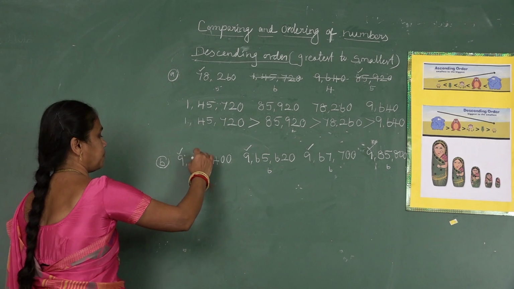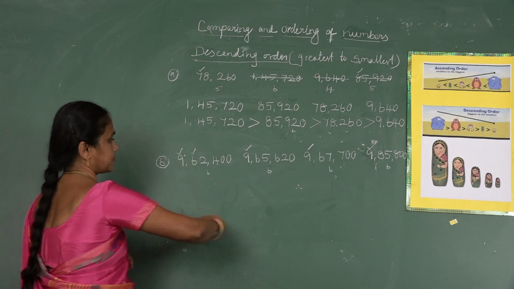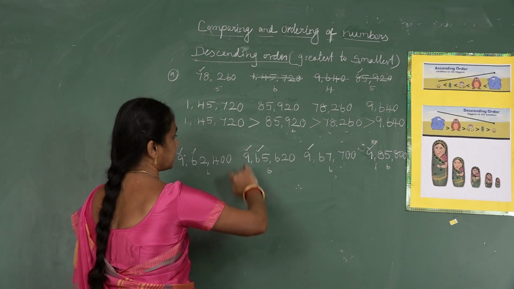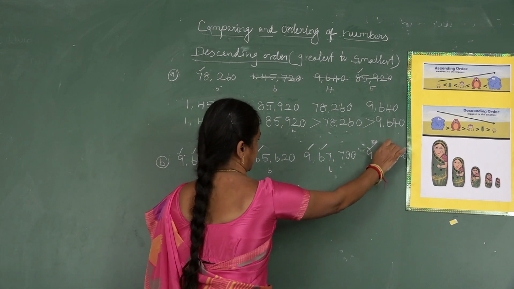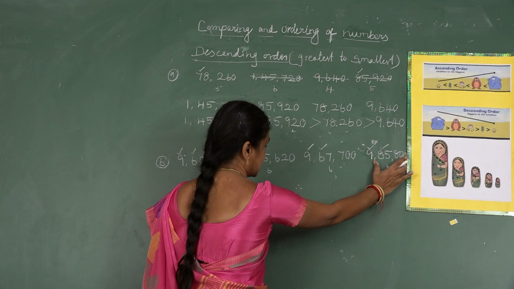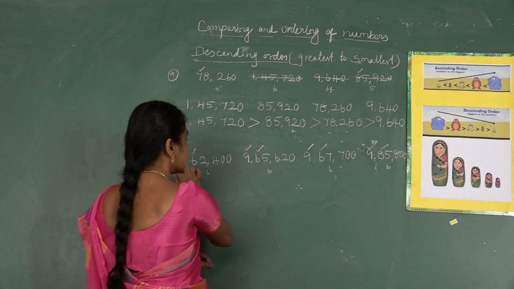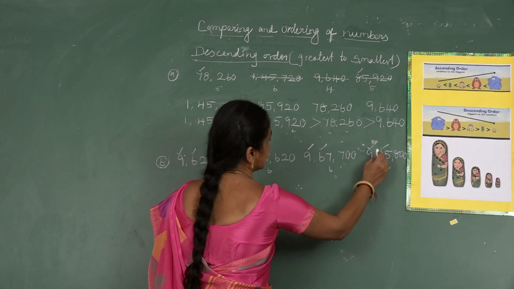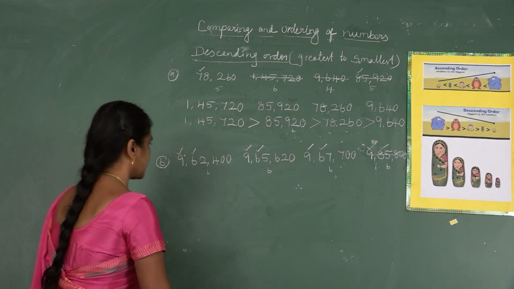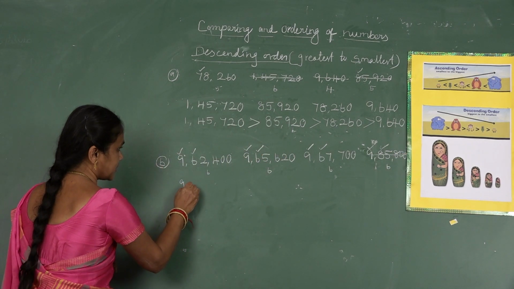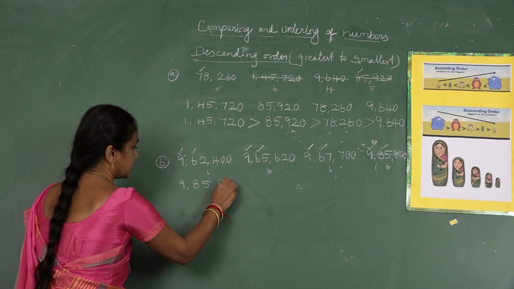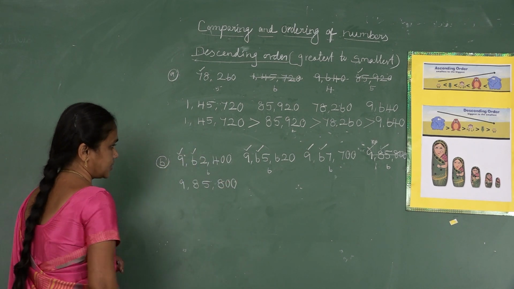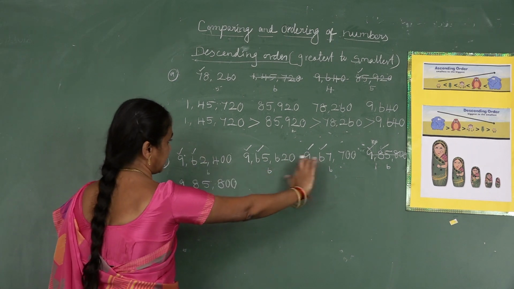In the 10,000 place, here 6, here 6, here 6, here 8. This number is greater than these three numbers, so we write 9,85,800 at first.